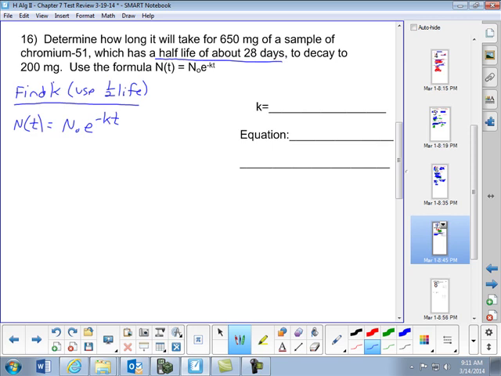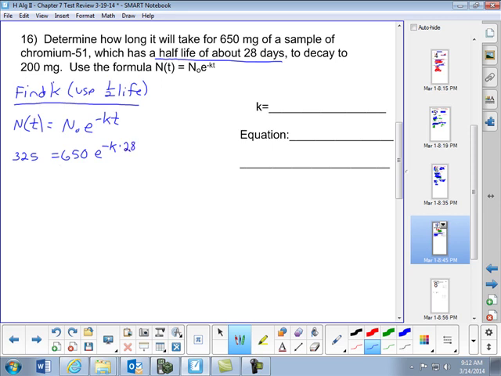So remember, we could do 2 different things here. We could say we started with 650 milligrams. Half of 650, remember, is 325, so you could put that over here, e to the negative k times 28.